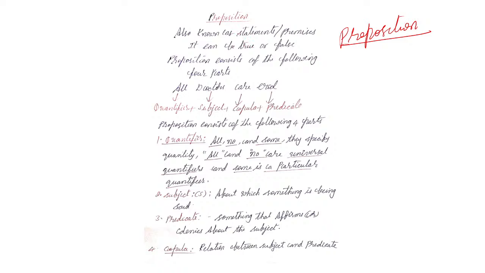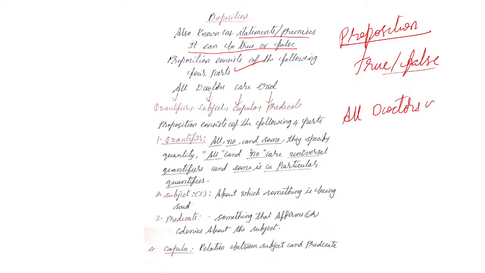A proposition is also known as a statement or premise. It can be true or false. A proposition consists of the following four parts. We have to know what a proposition has. Suppose here I have taken one example. All doctors are God.